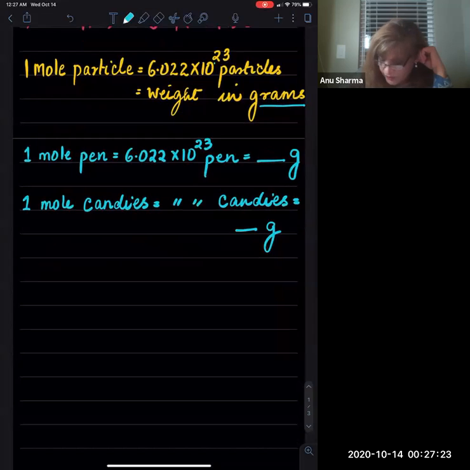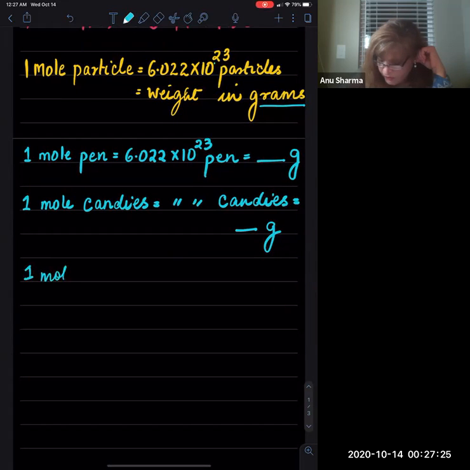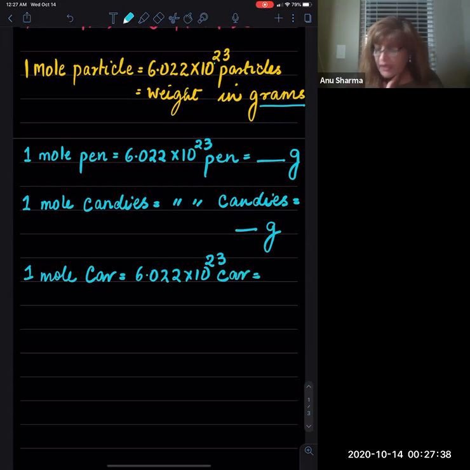Okay, so similarly, you take 1 mole of, let's say, cars. Now that's huge, 1 mole of cars. How many cars are we looking at? We are looking at 6.022 times 10 to the power 23 cars. And what is the weight of the cars? If you somehow get the weight of those cars, that's going to be the weight in grams.